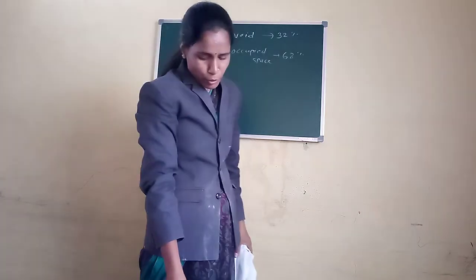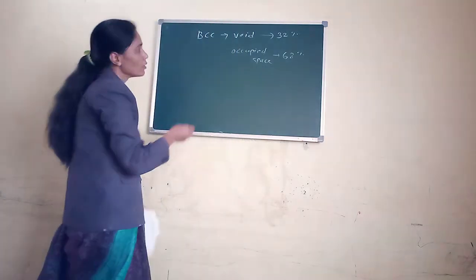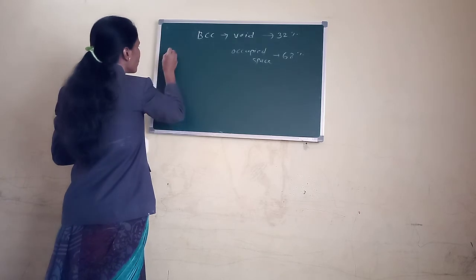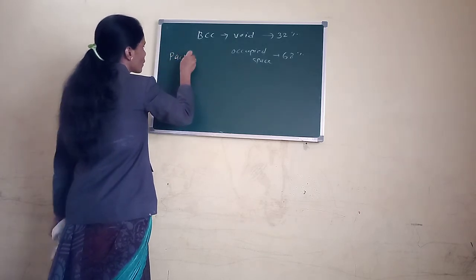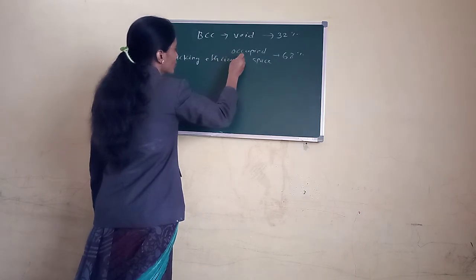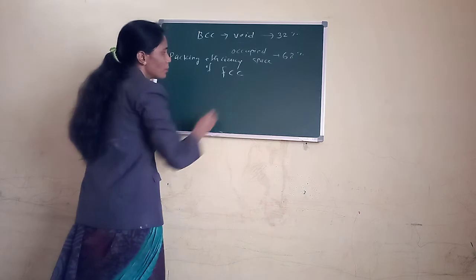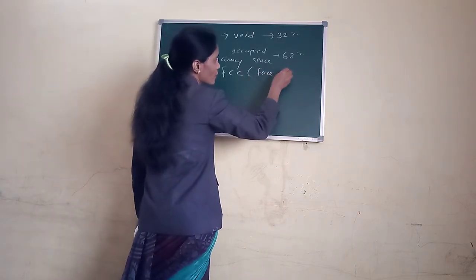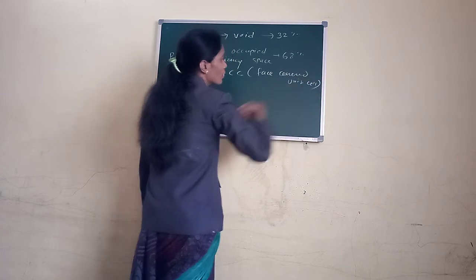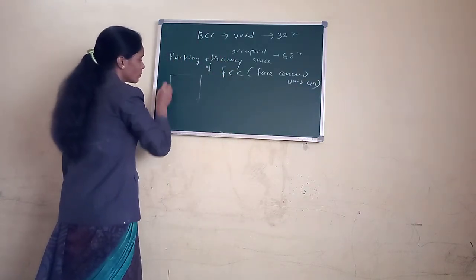Again, the next point is the packing efficiency of FCC, the third type. FCC means face centered unit cell, the structure here.